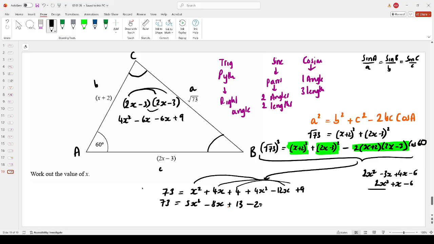So minus 2x squared. That's going to be minus x. And that's going to be minus. Who can see what I did? Oh, hold on. Messed something up here. That should be plus. Sorry, minus.